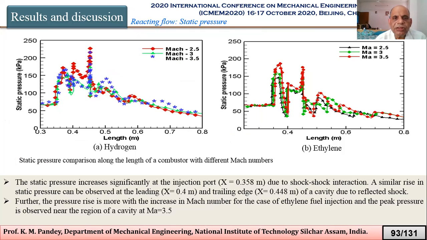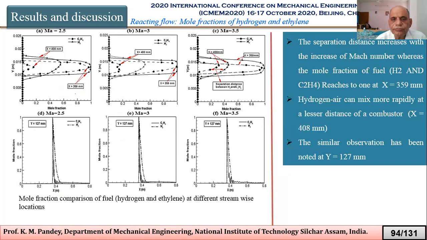And here, this is about reacting flow static pressure. So the static pressure increases significantly at the injection port due to shock-shock interaction. And for Mach number 3.5, the pressure rise is more. As Mach number increases, the pressure rise and the peak pressure are more. And here also molar fraction is seen from the diagram.